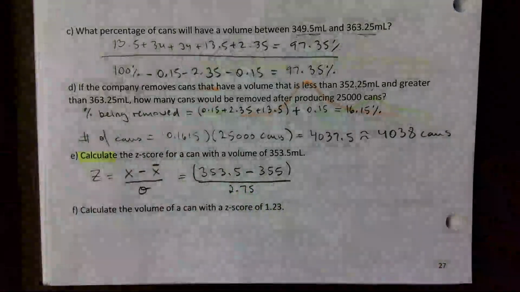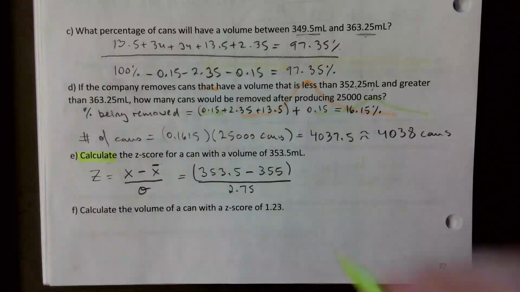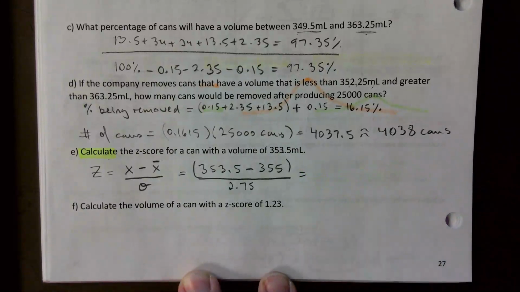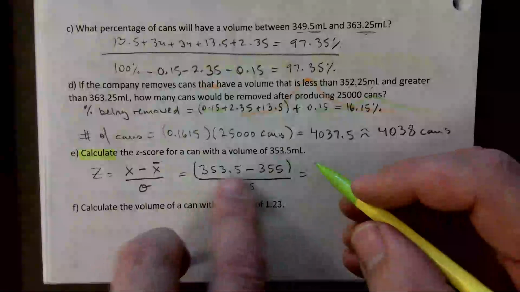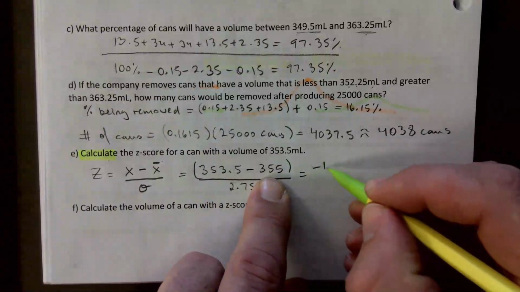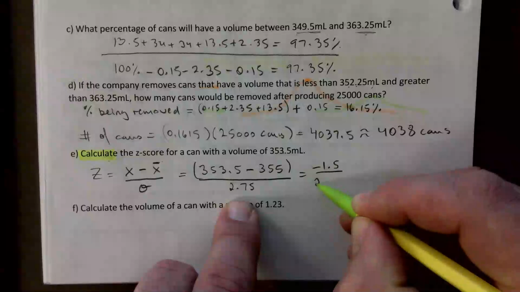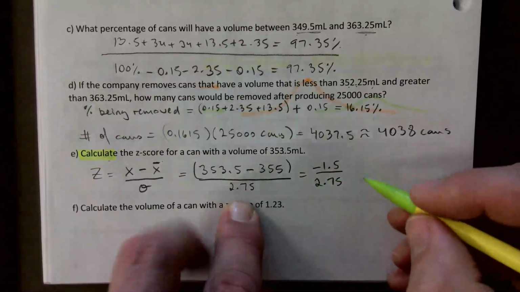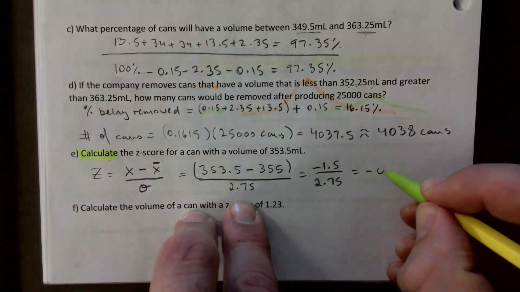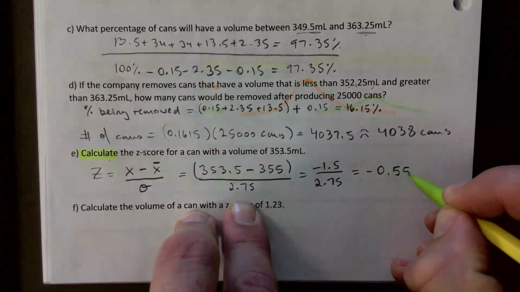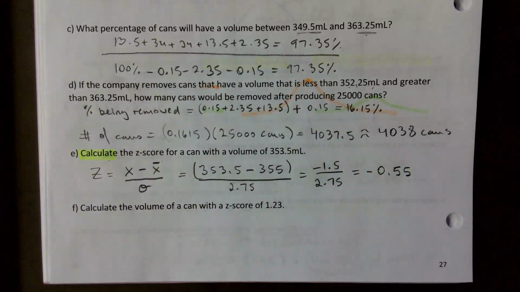So really, you know all the information. You know every single piece of info to do this one. So when you subtract, you get negative 1.5 over 2.75, and that is negative 0.55. Z-scores have no units. Remember that one.